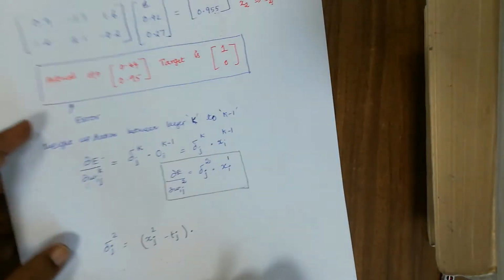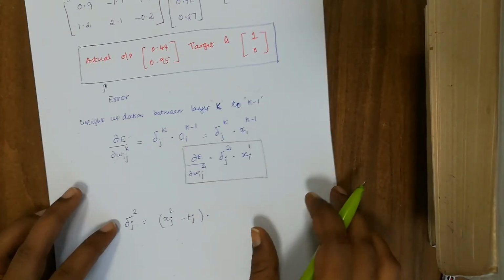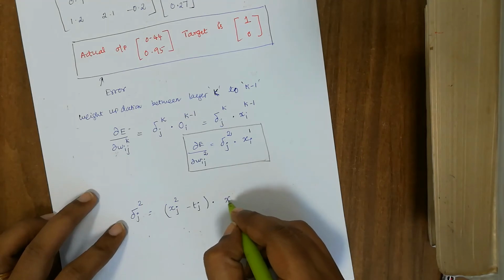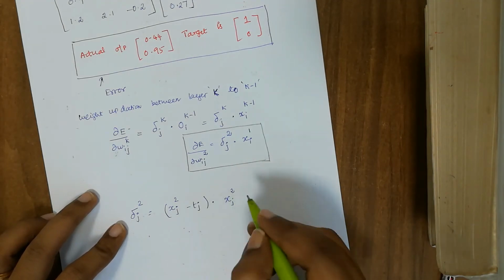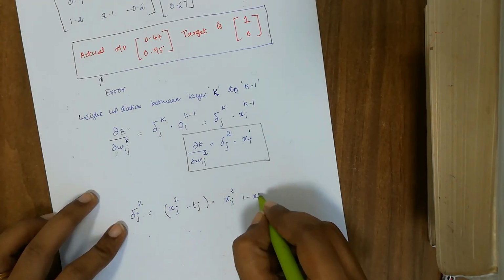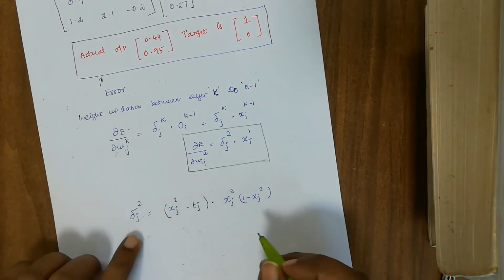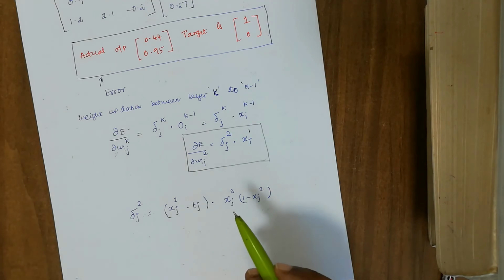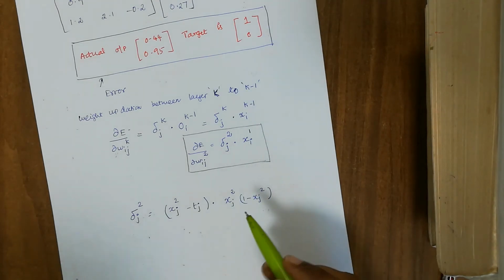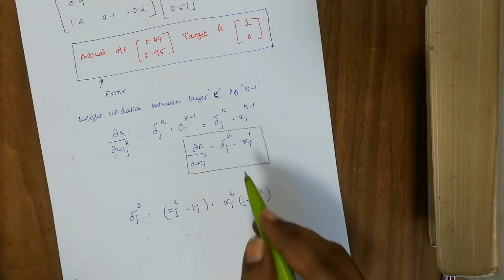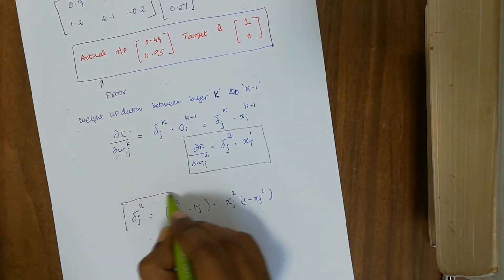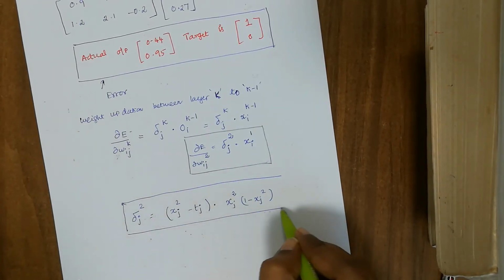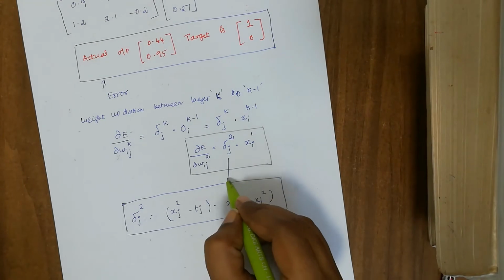So the actual value that we get is x_j^2 (1 minus x_j^2). This is the delta_j^2, or delta_j^k. First let us calculate delta_j^2.